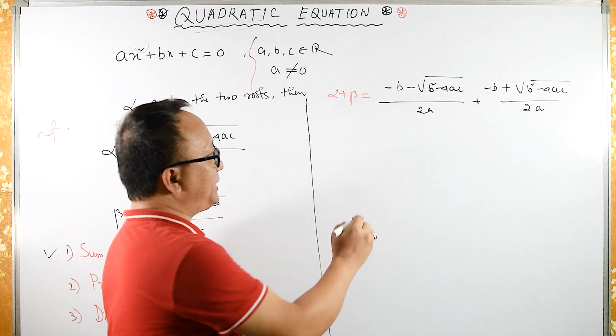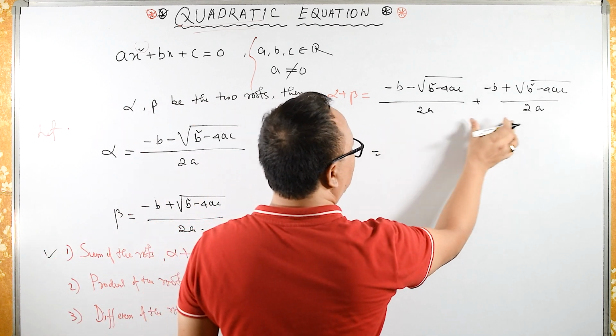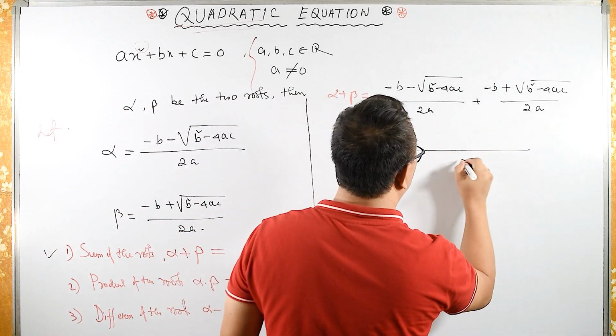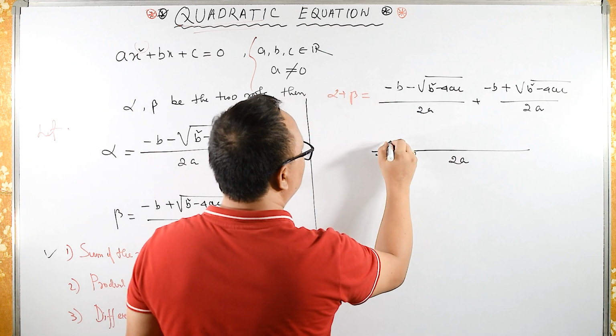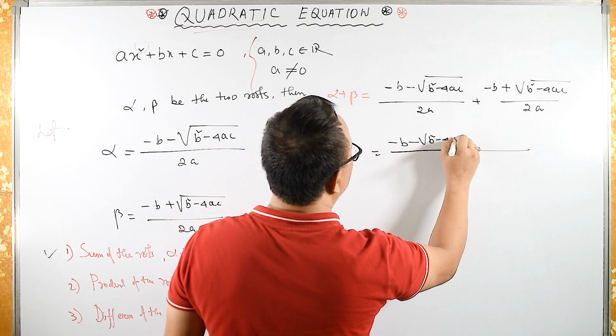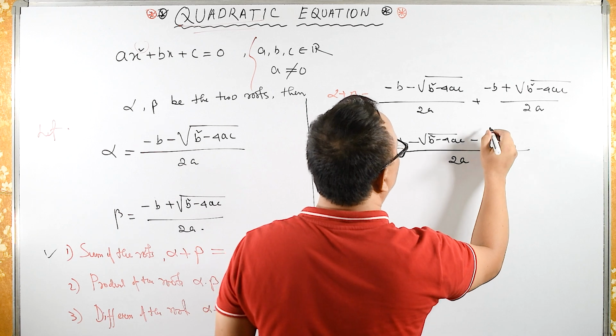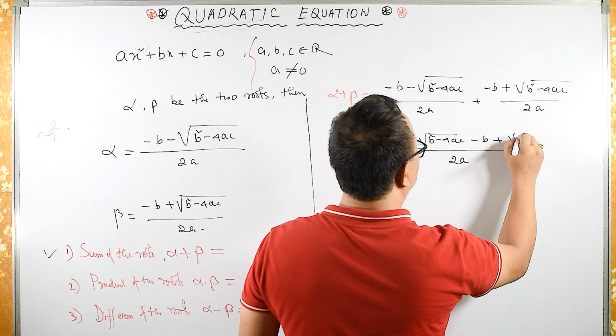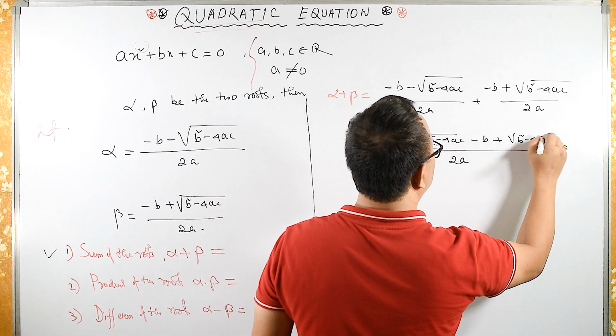Since the denominators are the same, I will write it one time, twice a. So this is minus b minus square root of b² minus 4ac minus b plus square root of b² minus 4ac.